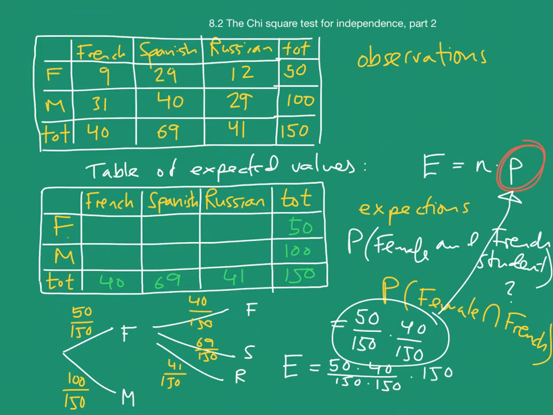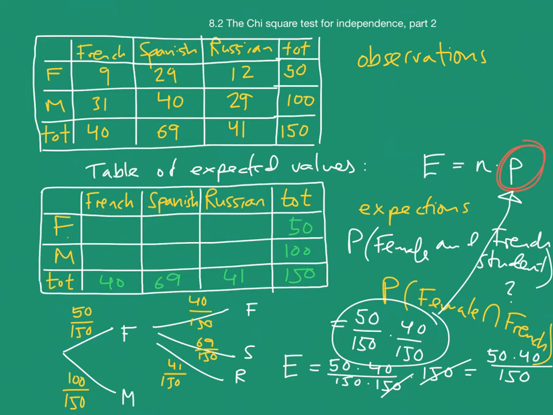And what you see here then is that you can cross out two of these. So divided by 150 multiplied by 150, that's going to be 1. And you're left with this expression here, 50 multiplied with 40 divided by 150.